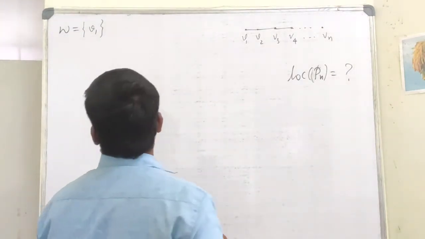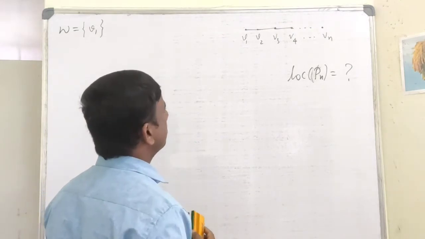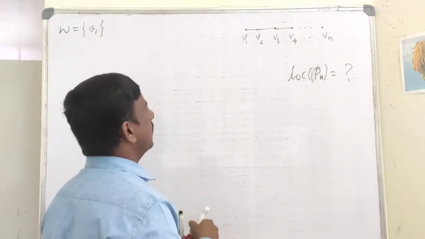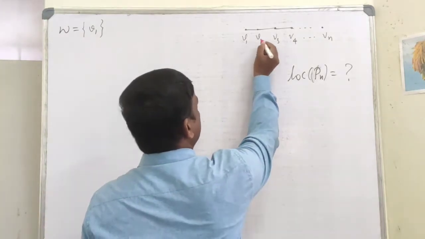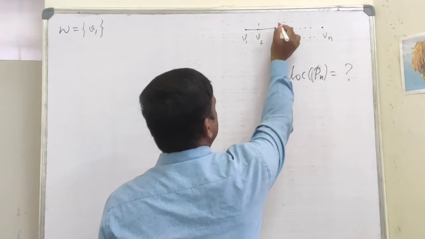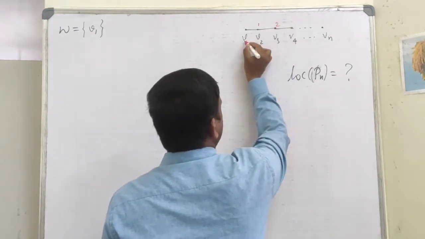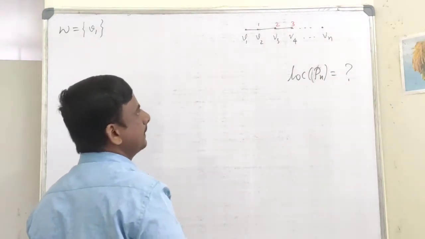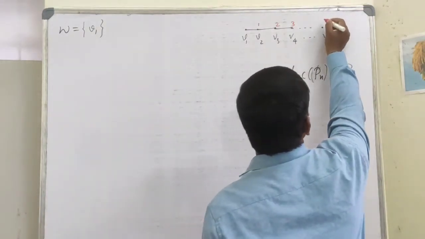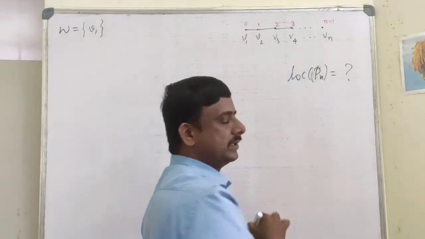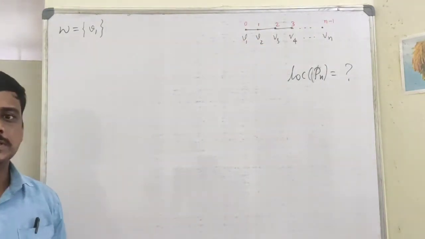I have taken W equal to V1. Now I have to assign codes. The distance from V1 to V2 is 1, from V1 to V3 is 2, from V1 to V4 is 3. If you continue in this way, the distance from V1 to Vn is n minus 1. The distance from V1 to V1 itself is 0.